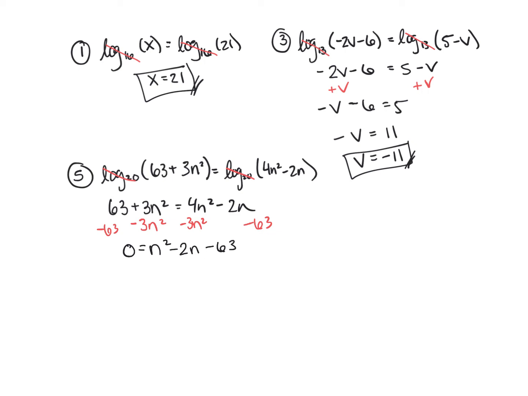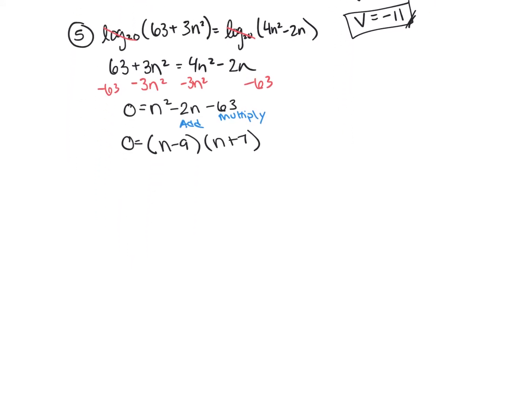And this is something that is factorable. So we're looking for two numbers that multiply to negative 63 and add to negative 2. And those numbers are going to be a negative 9, so n minus 9, and a positive 7, so n plus 7. So in this case, we're going to have 2 answers.